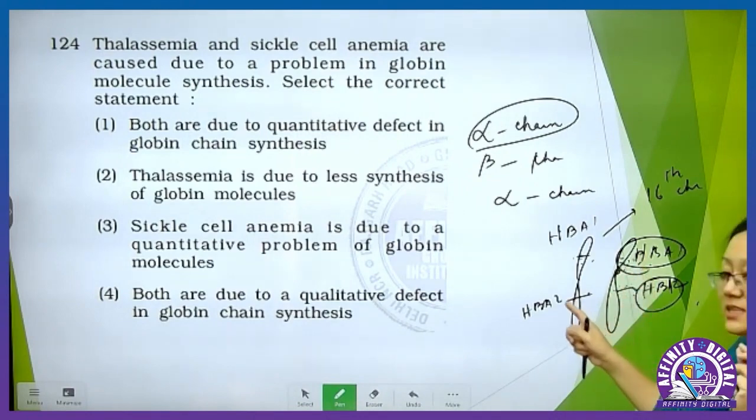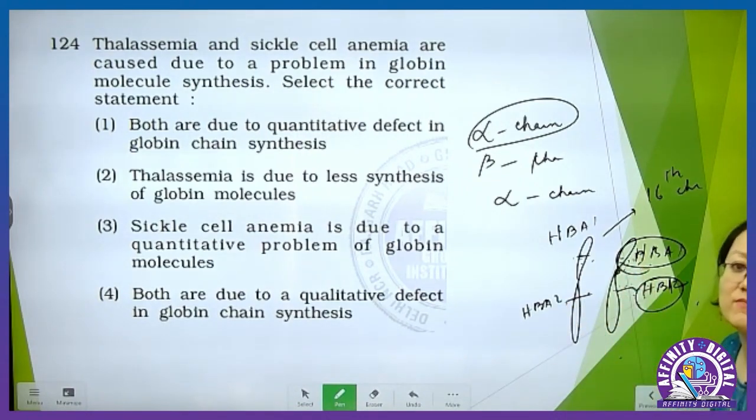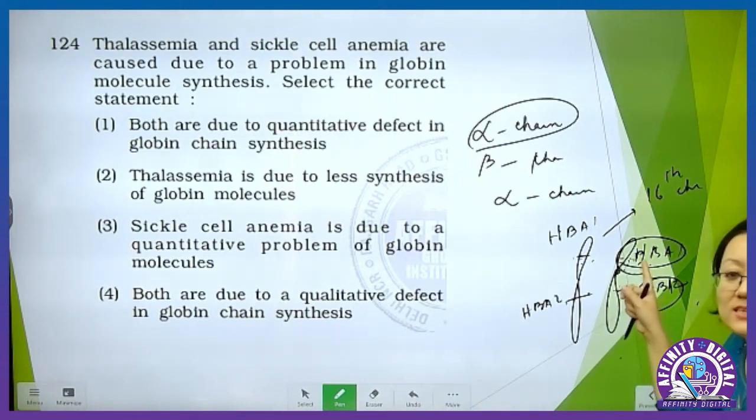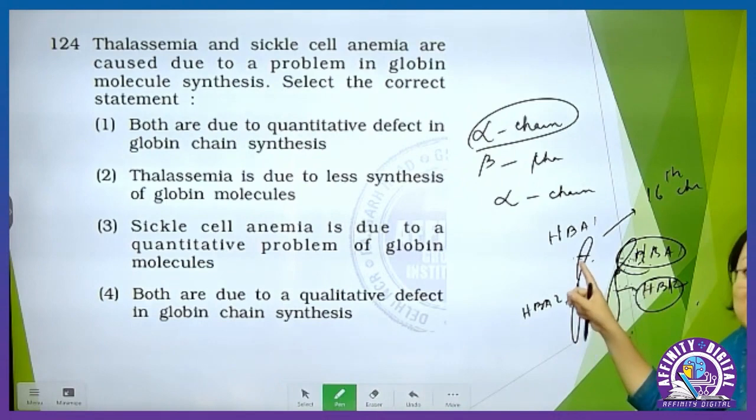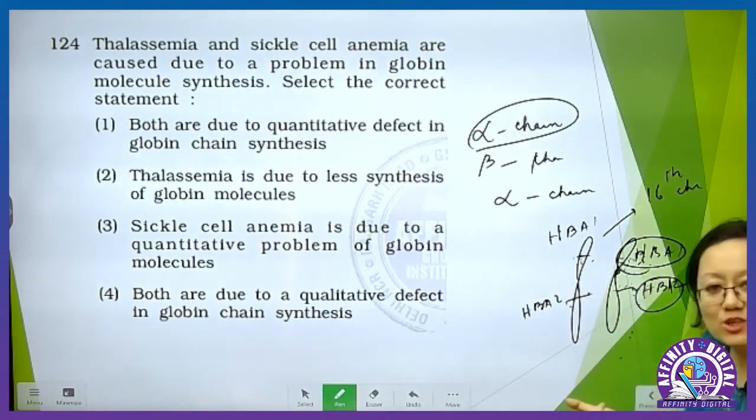When two genes were deleted, it was a mild form of anemia. When one gene was deleted, that was a silent carrier, nothing will happen. So the more genes affected, the more will be the severity of the disease.